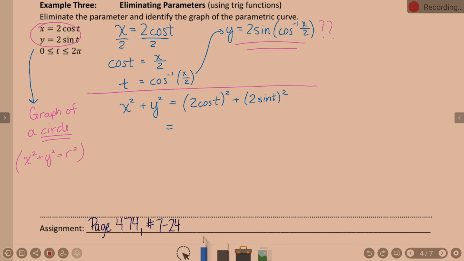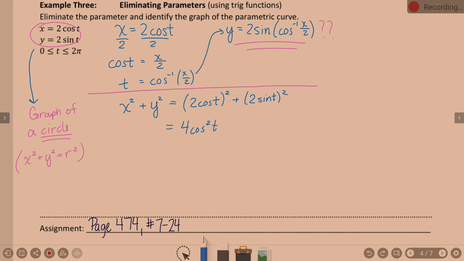What is 2 cosine t when you square the quantity? What does it become? 4 cosine squared t. Okay.